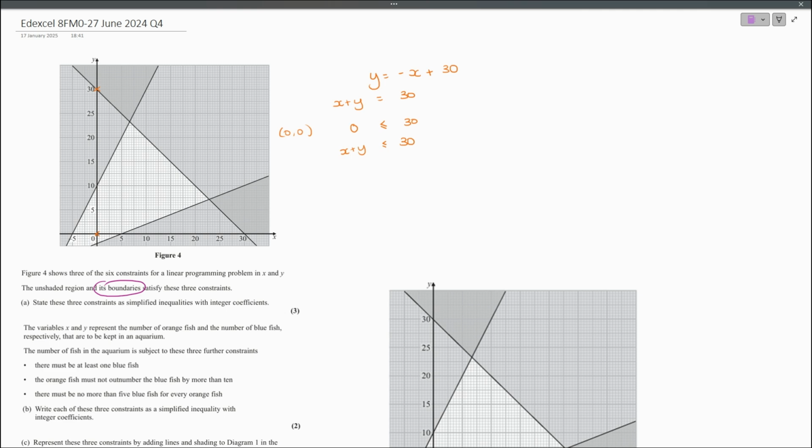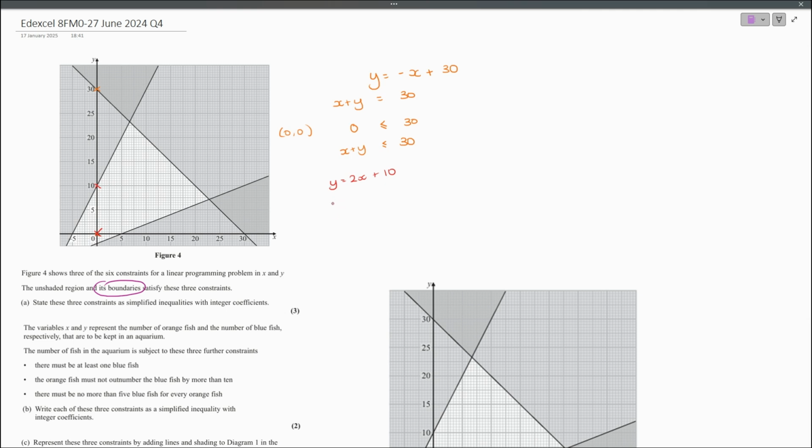And we can do these for the other lines. I've got another line. I'm going to use a red pen for this one. And it appears to have a gradient of 2, so y is equal to 2x. If I substitute in the point 0, 10, I'm going to be adding 10 to this. But now I need to consider the origin and which side does the origin lie on.